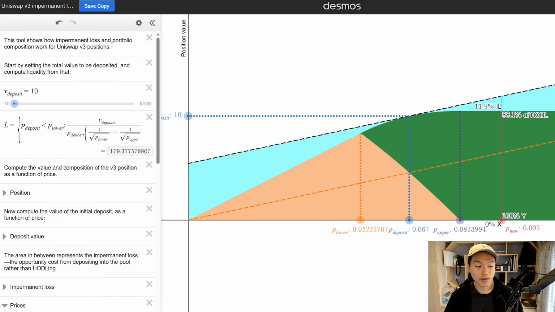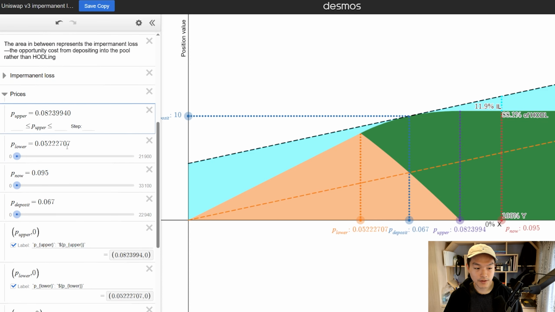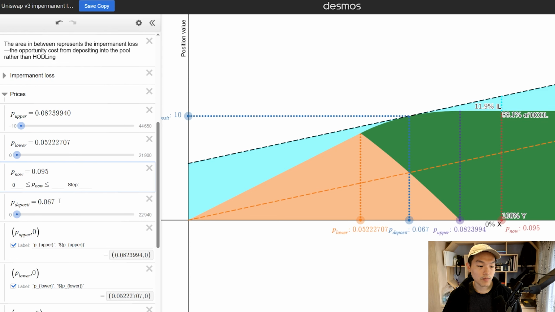So the next step, I want to hop over to Desmos to calculate my impermanent loss. Let's say the value of deposit, you deposit like 10 ETH, right? My price upper and price lower. You can see I put in basically what they had, right? The lower range and the upper range. The price of deposit, 0.067.